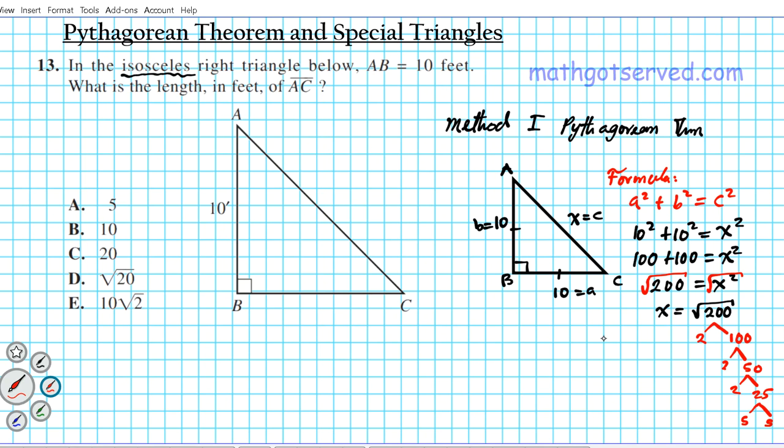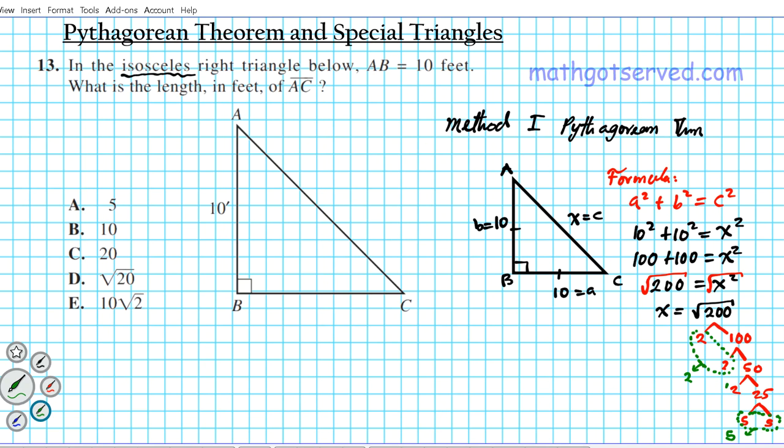All right, so since this is a square root, every factor that repeats, or every pair, is a square, so it comes out as its root. Okay, so 2 times 2 is a square. The square root of 2 times 2 is 2, so these come out as 2. And then we have another factor that repeats here, or a pair. 5 times 5 is 25. The square root of 25 is 5.